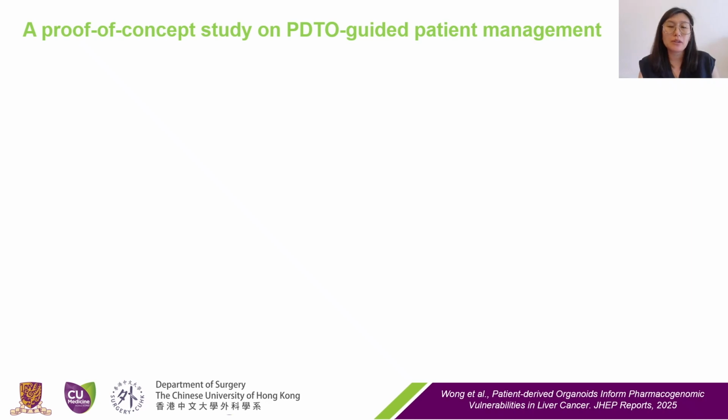In terms of personalized medicine, we provide genome-guided patient-derived organoid testing to support individualized treatment decisions in 2 cases as a proof of concept. For the first case study, we have a 17-year-old male who was diagnosed with recurrent liver cancer.